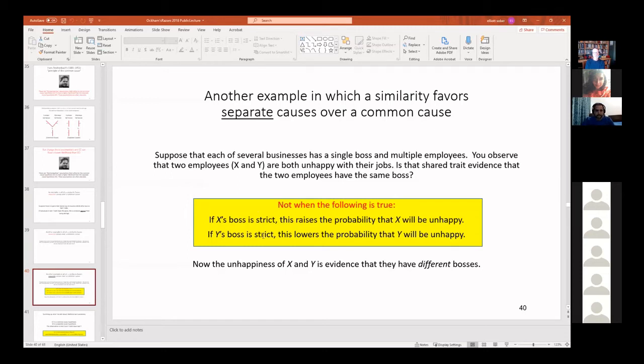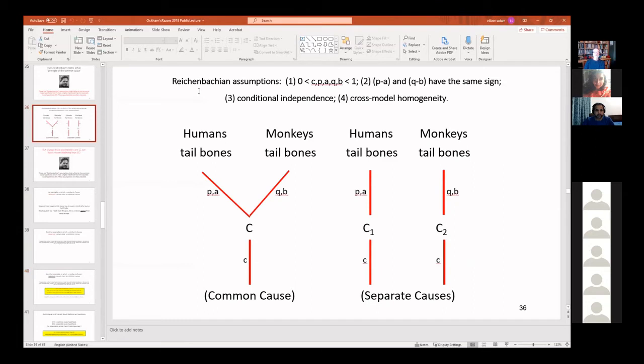If Y's boss is strict, that lowers the probability. And what we have here is a violation of this second condition. That condition says that if this ancestor having a tailbone raises the probability of human beings having one, it also raises the probability that monkeys will have one. Because if P is greater than A, Q has got to be greater than B according to the Reichenbachian assumption.